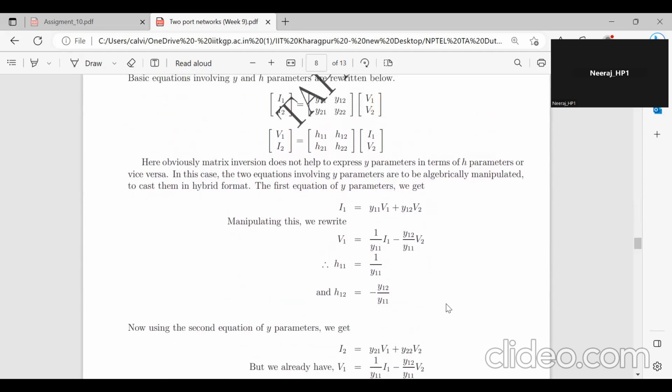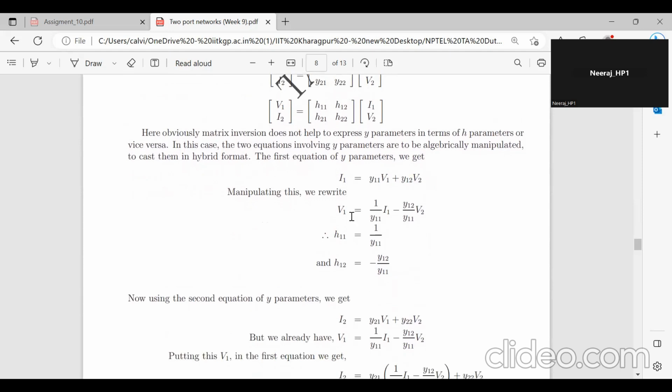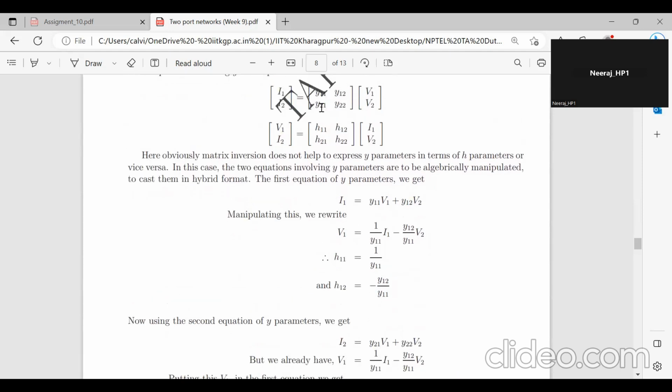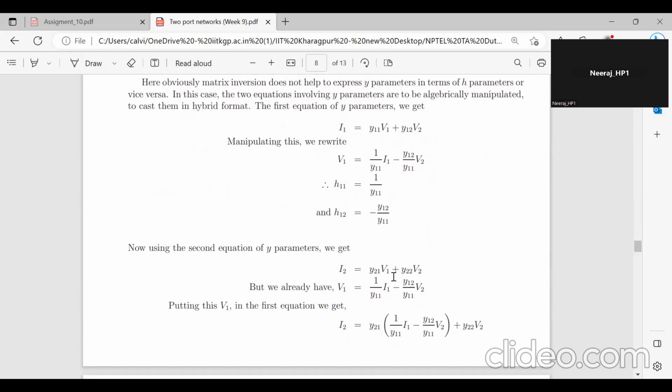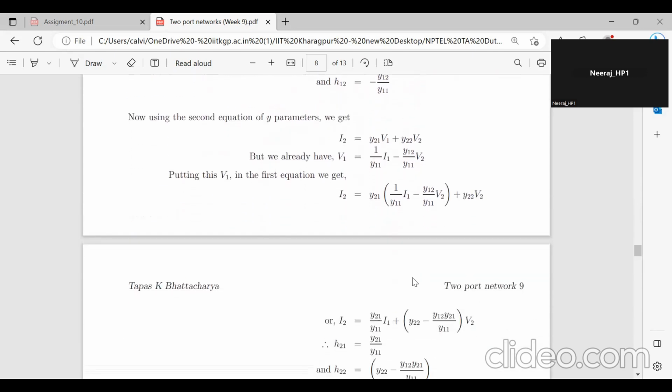Now in Y parameters, I2 is equal to Y21 V1 plus Y22 into V2. But we also know that V1 is equal to 1 upon Y11 I1 minus Y12 upon Y11 V2. They substitute V1 over here and let V2 remain as it is.